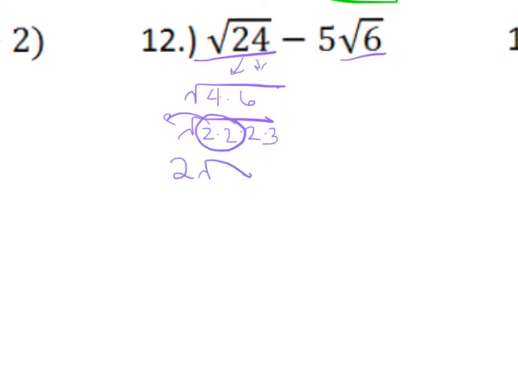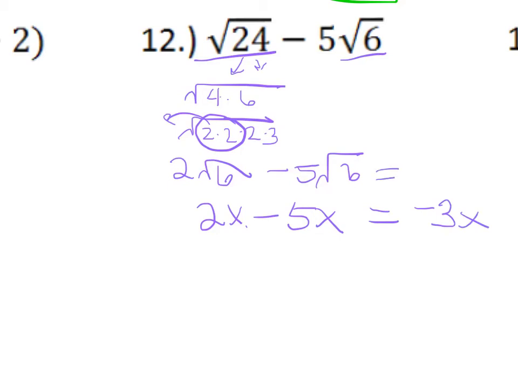We'd have 2 root 6 minus 5 root 6. Holy cow, they're the same now. That's like if you had 2x minus 5x. What would that equal? Well, negative 3x. Guess what this equals? Negative 3 root 6.